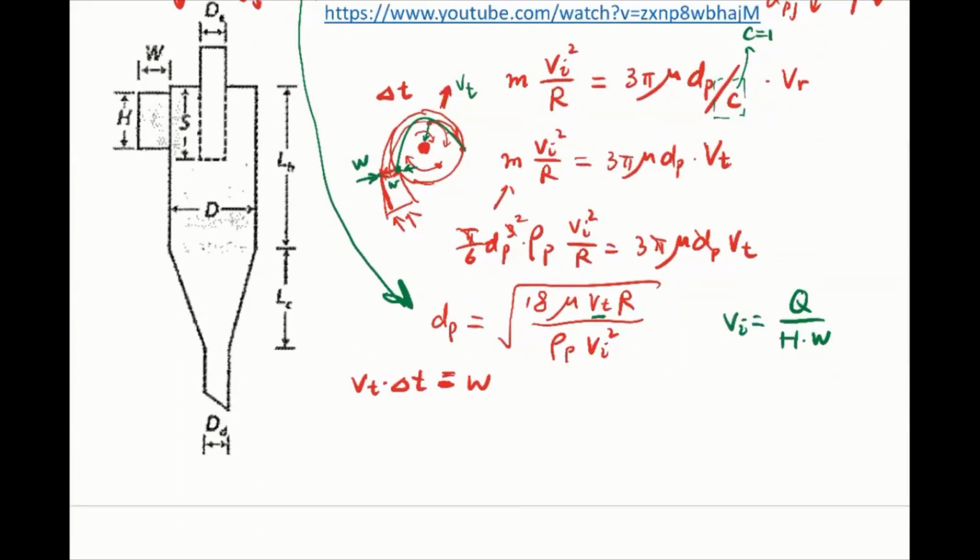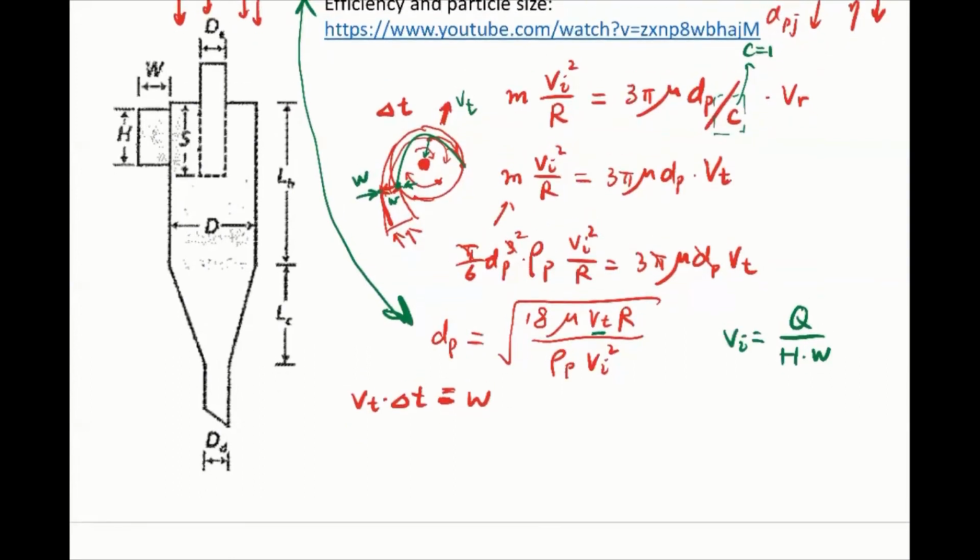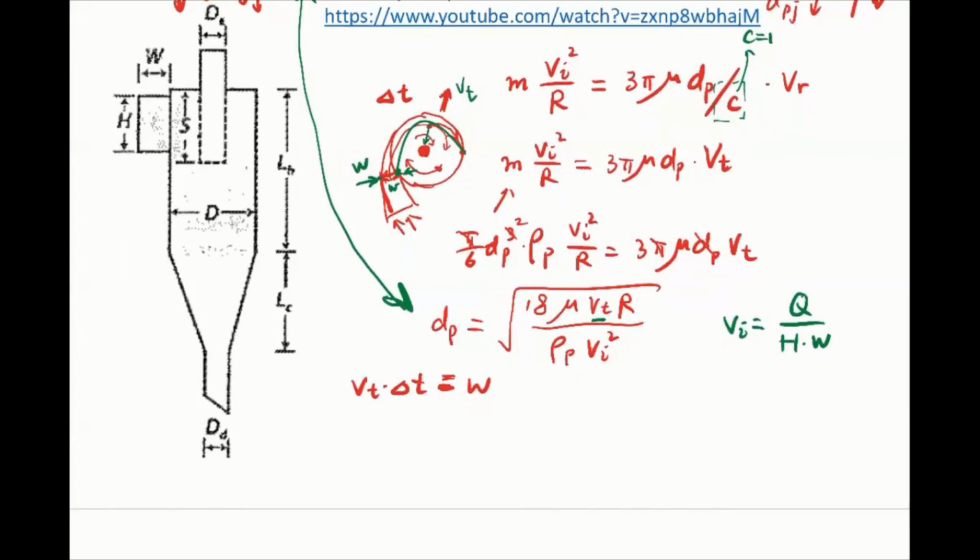At the same time, we know that in terms of inlet velocity, vi multiplied by delta t is basically how many turns the particles can make, right? So that's going to be Ne multiplied by pi multiplied by d. We mentioned that Ne is the effective number of turns the particles make in the cyclone, right?